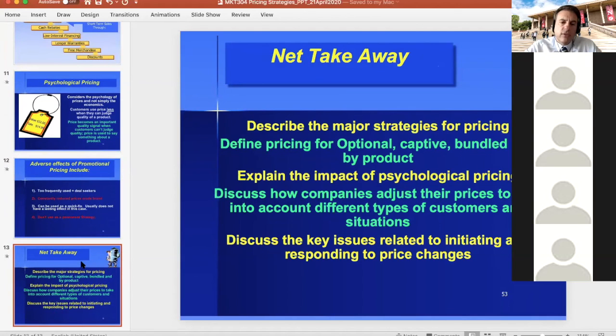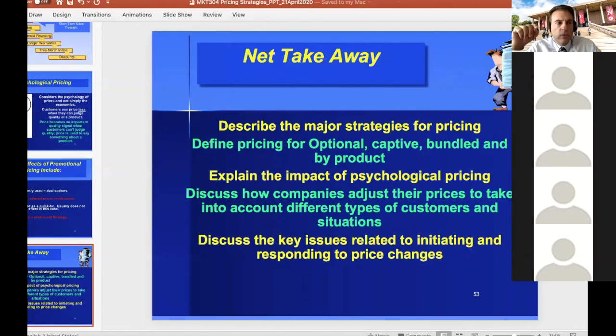So the next takeaway from this is: what are the major strategies for pricing? You have skimming and penetration. What are the other strategies you have? Optional, captive, bundled, and byproduct. Is there such a thing as psychological pricing? Yes, based on the price that you give, people may see it as more or less.